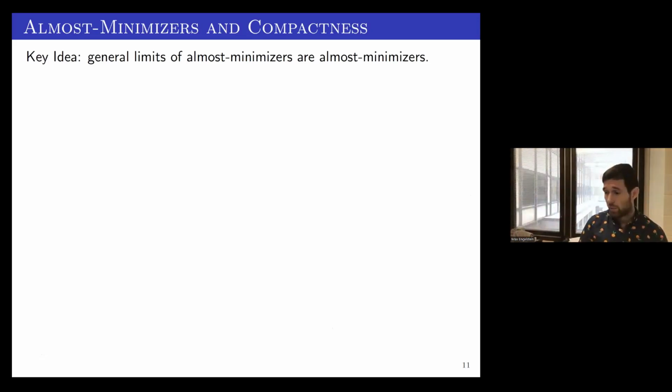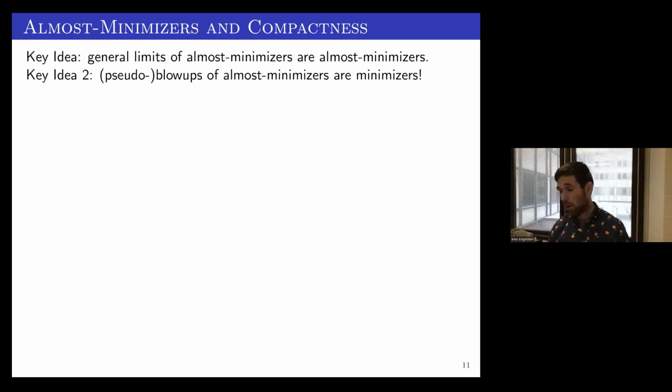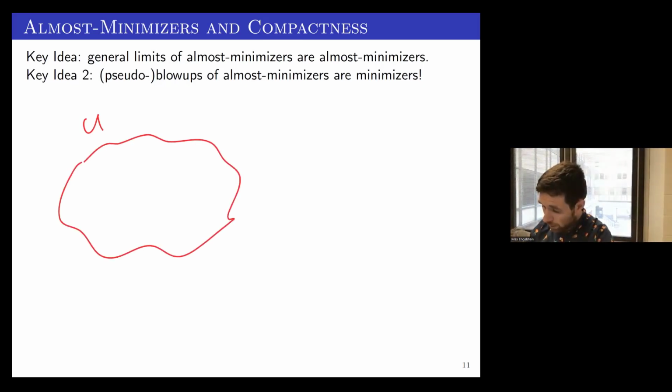The key idea in all of this is that almost minimizers have nice compactness properties. So generally, limits of almost minimizers are almost minimizers, and pseudo blowups of almost minimizers are minimizers. So let me try to explain that a little bit right now. Imagine you have an almost minimizer U. It's an almost minimizer in this domain. And then what you want to do is understand the behavior of U in small balls around this point X. So you do what perhaps people now understand is pretty standard.